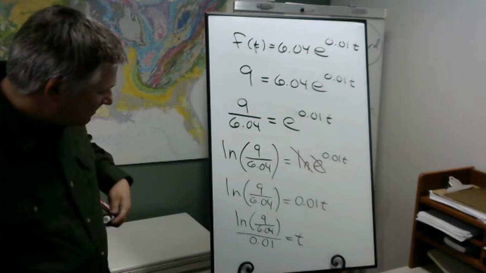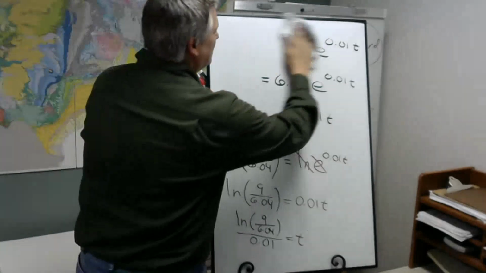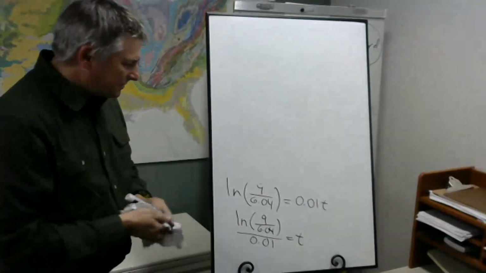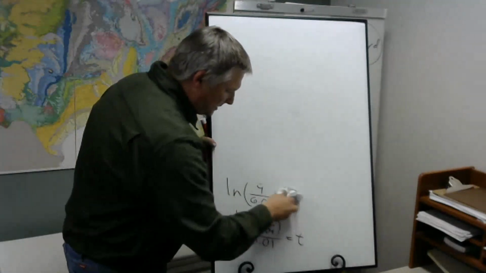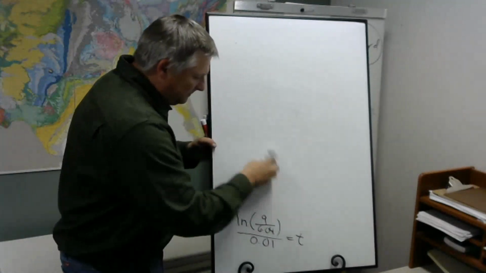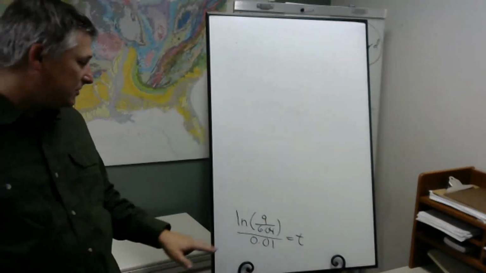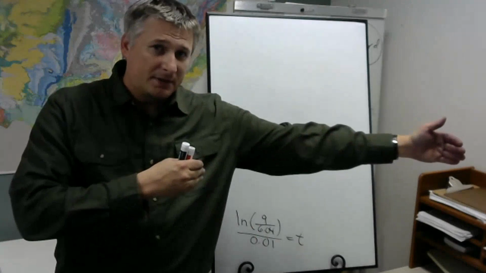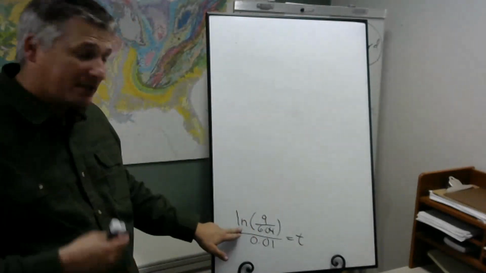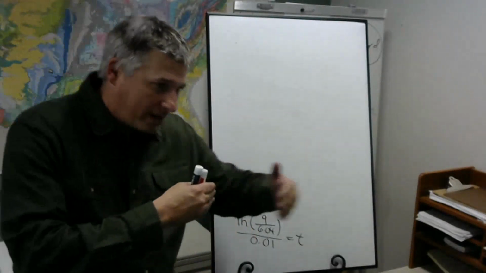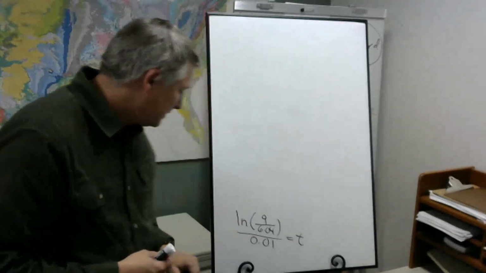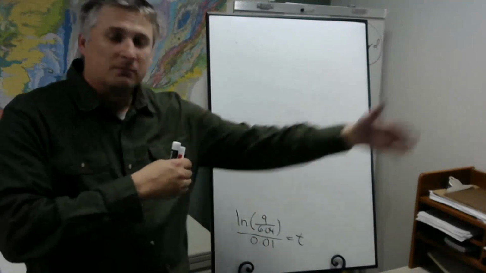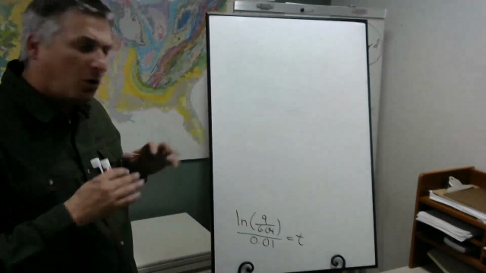Now let's actually do that computation. And again, I'm saving all my computations for the end, so I don't lose anything due to round-off error. What you could do is calculate this, write out all the numbers behind the decimal, take the natural log of that, write out all the numbers behind the decimal, divide that long number by 0.01, and then you'll get your answer. But don't round.